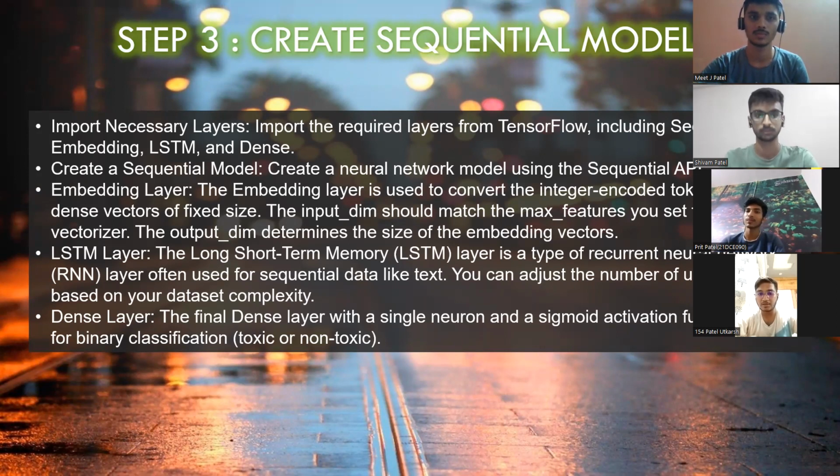The input we are giving to this embedding layer will match the max features set in the vectorizer, and the output will determine the size of the embedding vectors. The LSTM layer is a recurrent neural network layer which is often used for sequential data like text. And the dense layer is finally a single neuron with a single activation function like sigmoid, which will return 0 or 1, that is toxic behavior or non-toxic behavior.